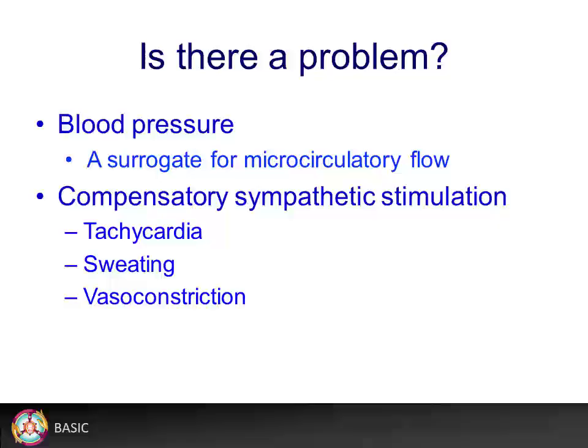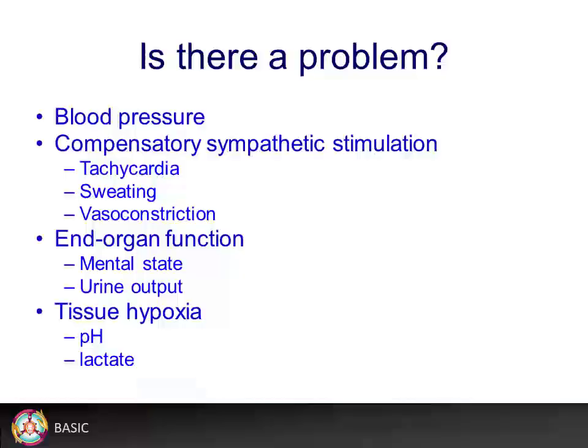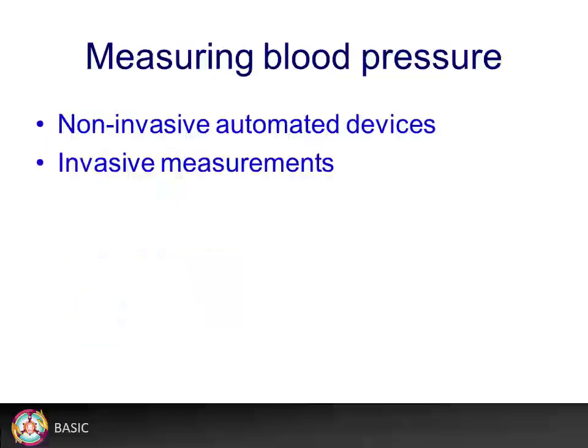It is important, therefore, to look for signs of sympathetic stimulation, such as tachycardia, sweating, and vasoconstriction, and for signs of end organ dysfunction or tissue hypoxia. Automatic devices for monitoring blood pressure can be split into non-invasive devices and invasive measurements via an arterial line.